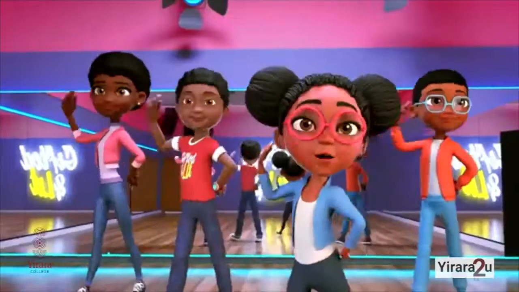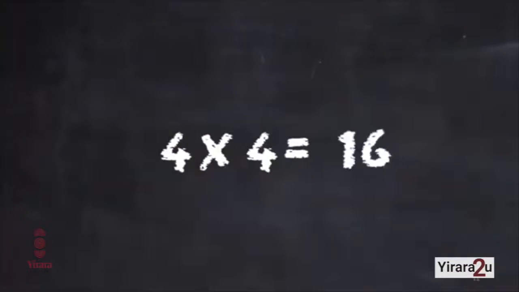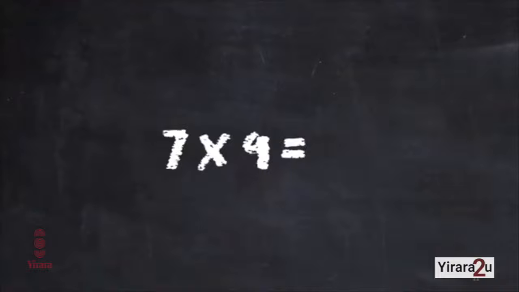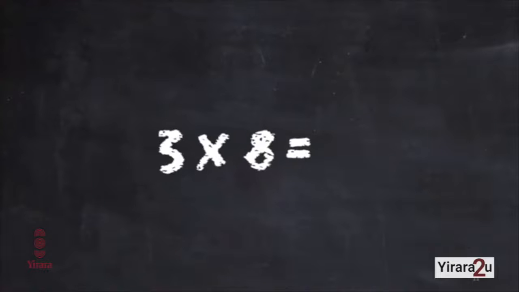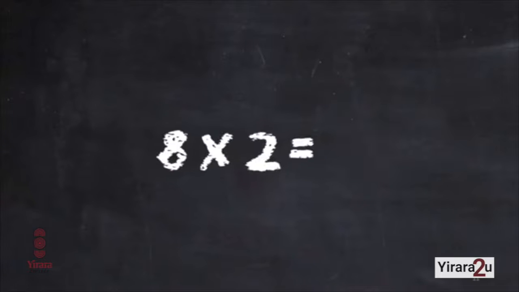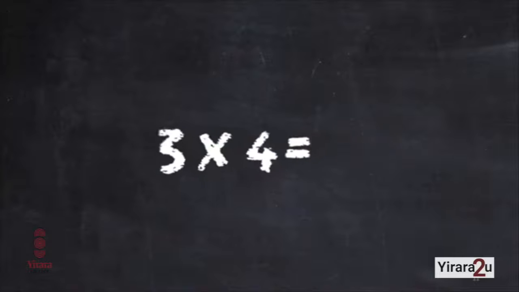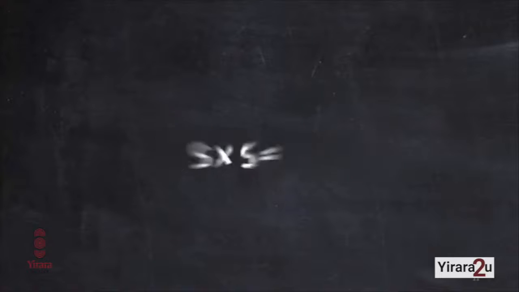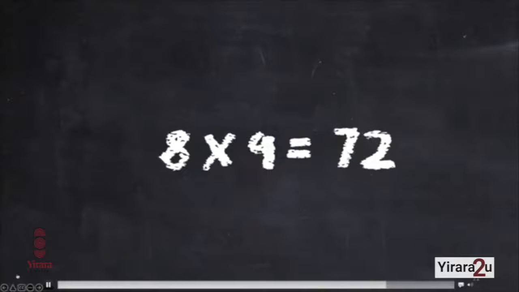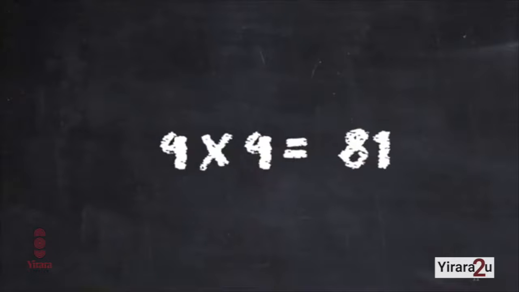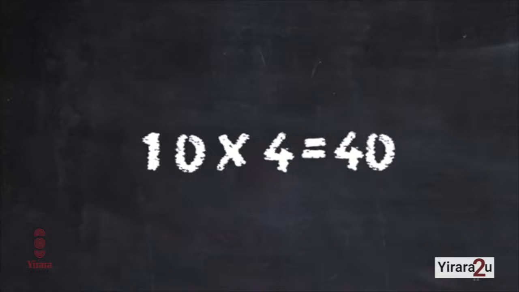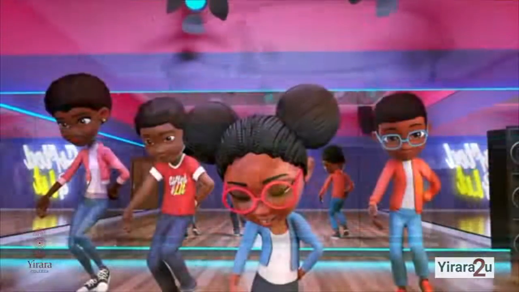Multiplying and dividing, it makes me glad. 4 times 4 equals 16. 5 times 2 equals 10. 7 times 9 equals 63. 3 times 8 equals 24. 6 times 3 equals 18. 8 times 2 equals 16. 3 times 4 equals 12. 5 times 5 equals 25. 8 times 9 equals 72. 9 times 9 equals 81. 4 times 5 equals 20. 10 times 4 equals 40. Hip hop, man.